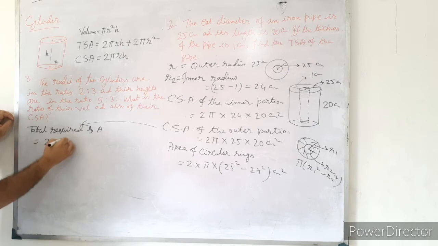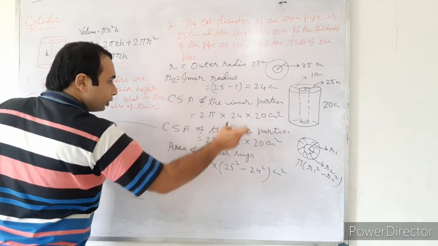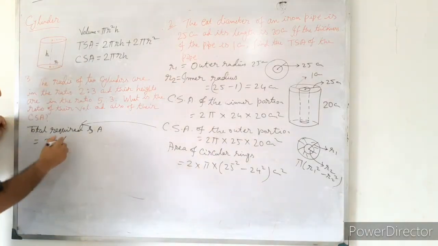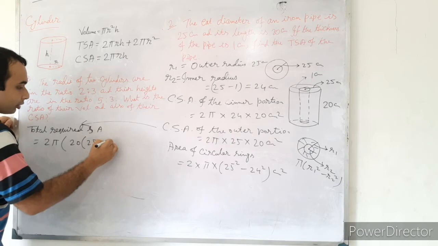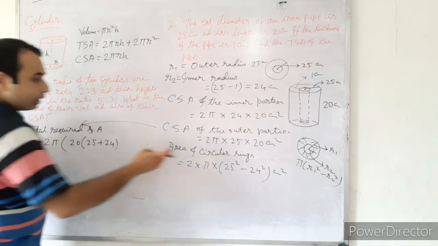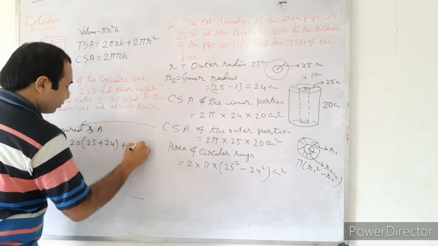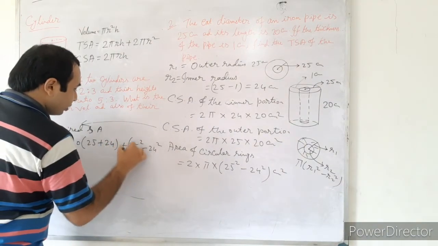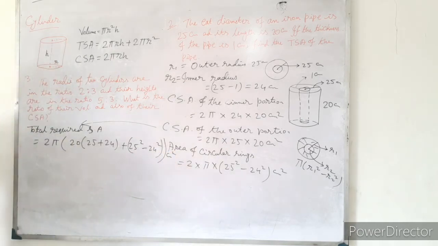So 2 pi will become common. Here also 24 into 20, 25 into 20. So from there 20 will be coming common, 25 plus 24. And here also 25 square minus 24 square plus 25 square minus 24 square, the total centimeter square.